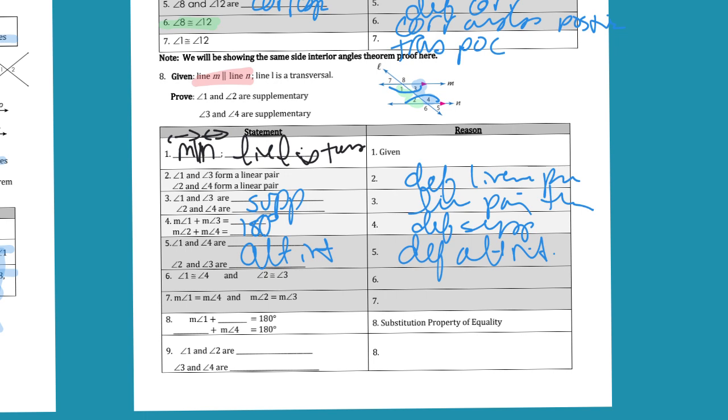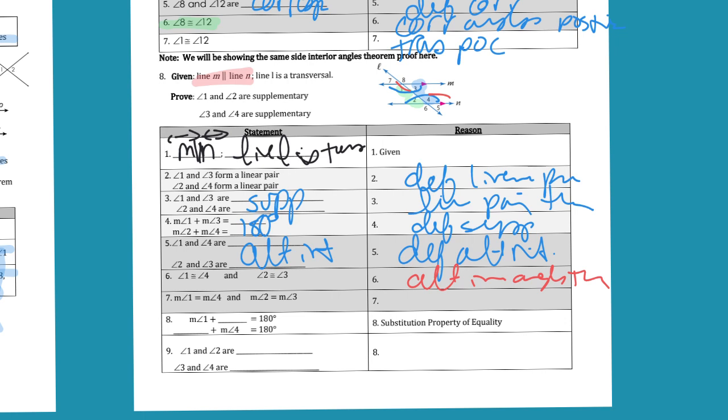So 1 with 4 are alternate interior angles, and also 3 with 2. We know that those angles will be congruent. Why? Alternate interior angles theorem. So we link together 1 with 4 and 3 with 2 by the alternate interior angles theorem.